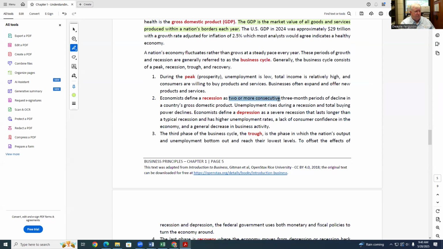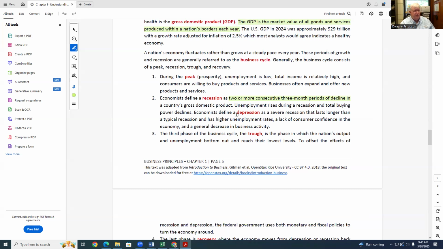A recession is just two or more 3-month periods of decline in GDP. So when GDP starts falling off, the amount that we produce in a year, you start to see the country pull back a little bit in its ability to produce.